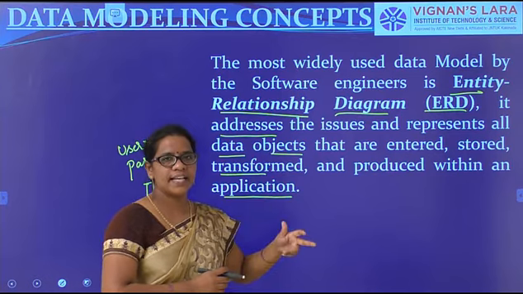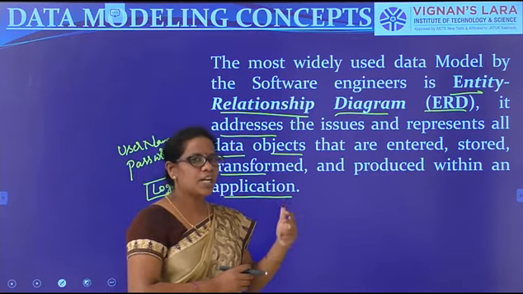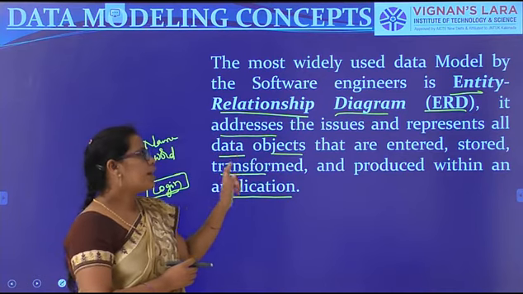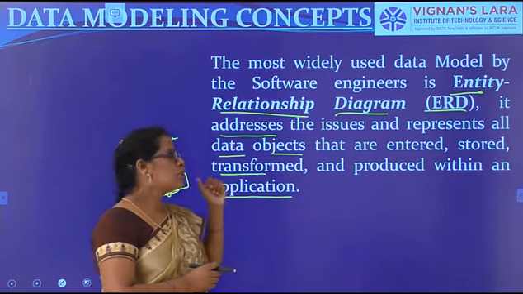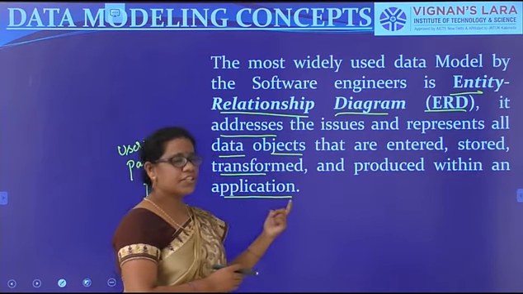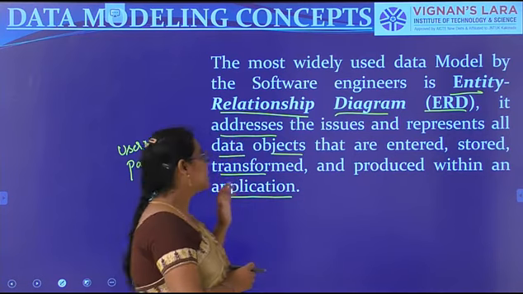That means whether it is a class or a function or some variables, whatever things we have represented. So what is the relation between them? What is entered, what is stored, what is transformed, and what is produced within an application. Okay, so this is a data model.